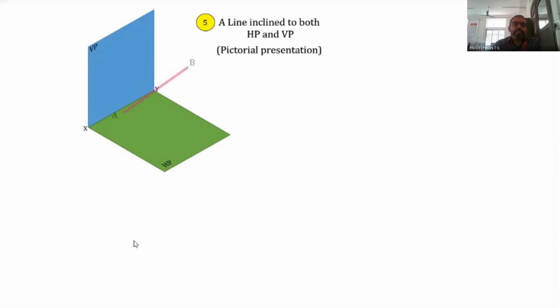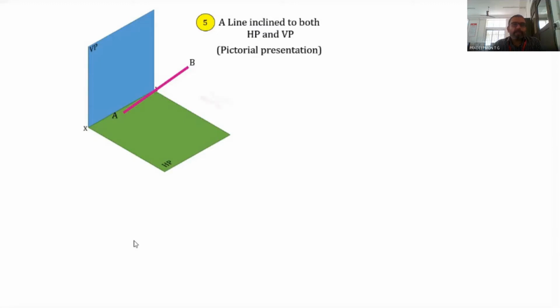Now consider a line AB, and this line is inclined to both HP as well as VP, as is evident from the figure itself.